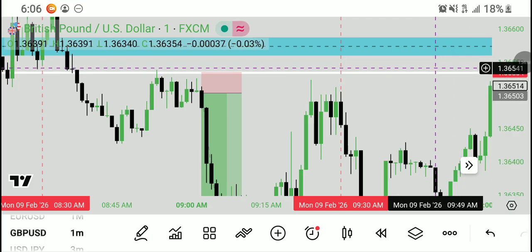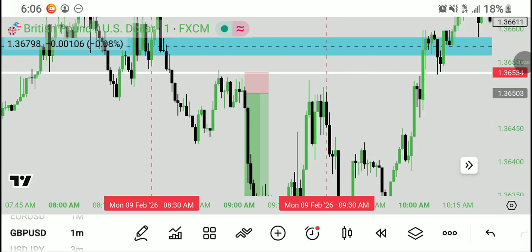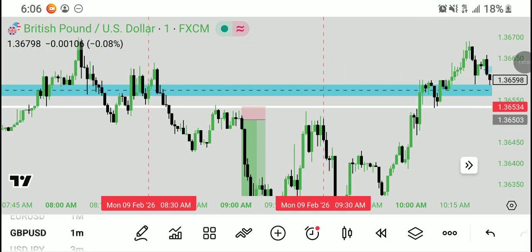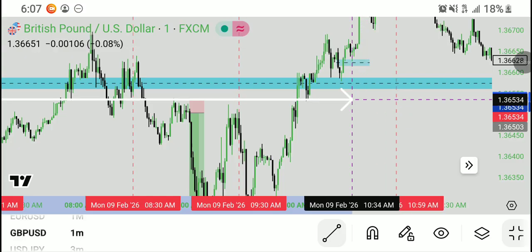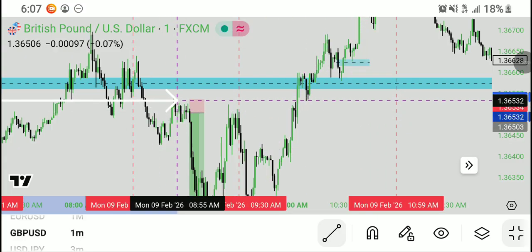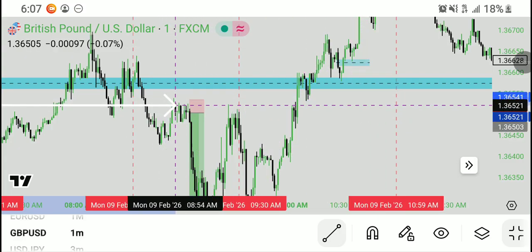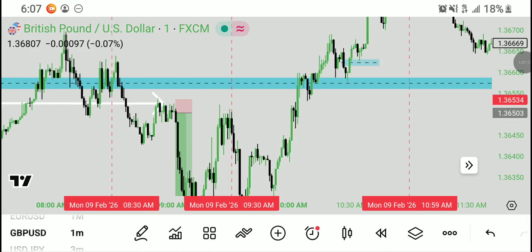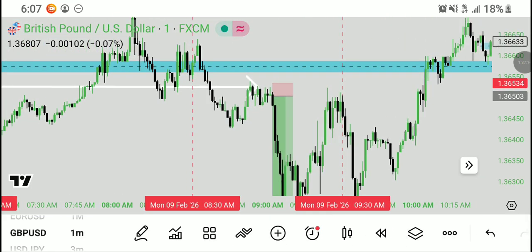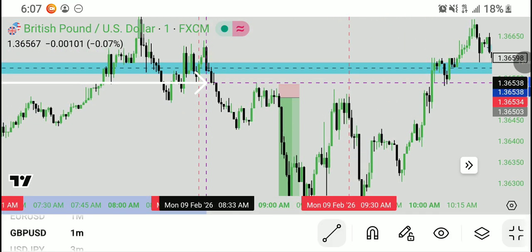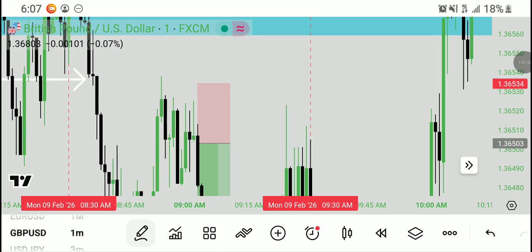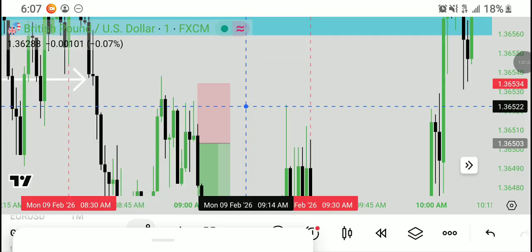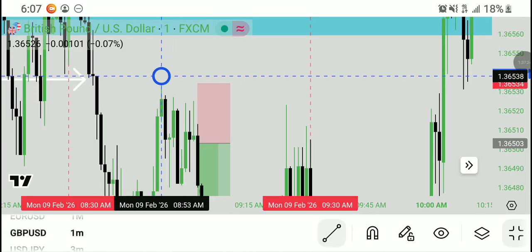We have buy side liquidity here. Hope you are following me. There's buy side liquidity there. Yeah, there's buy side liquidity here. This is buy side liquidity.